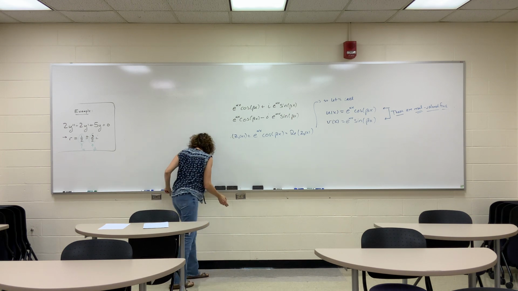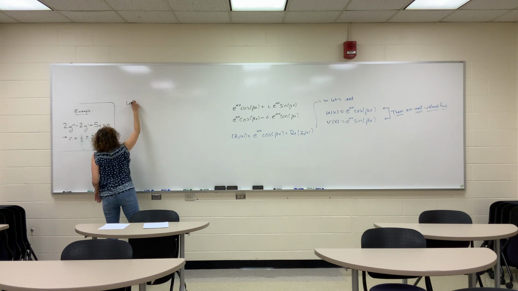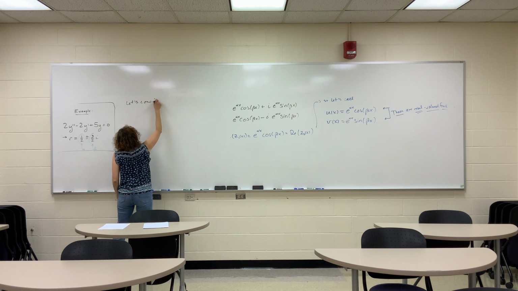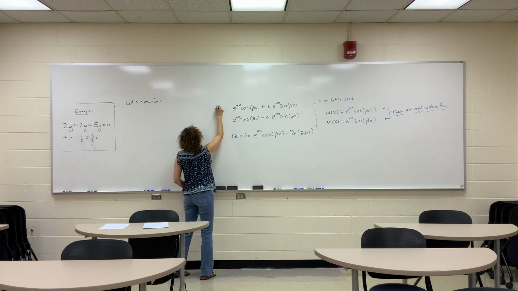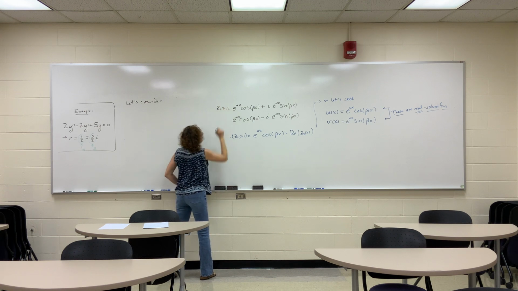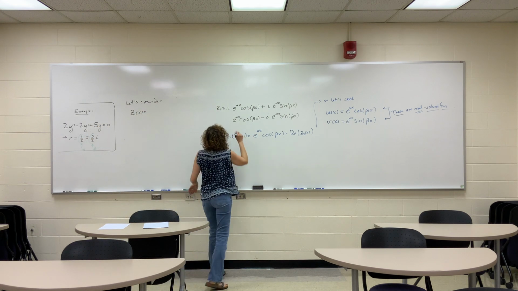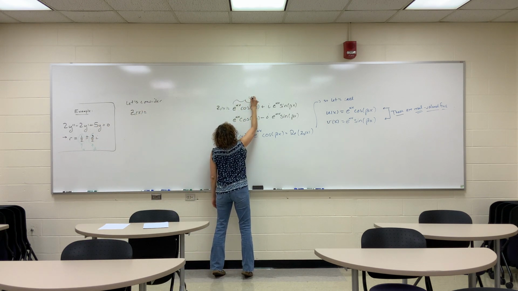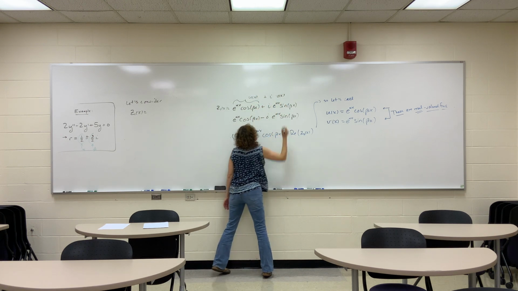So let's think about Z1 itself, which I just erased, but it's right here. With our new definitions, what is Z1? U of x plus i times V of x.